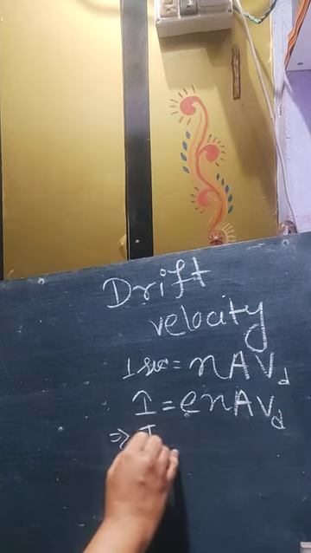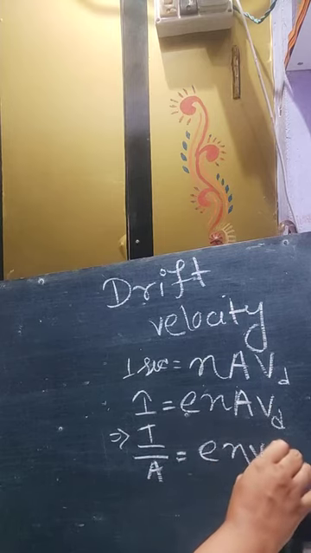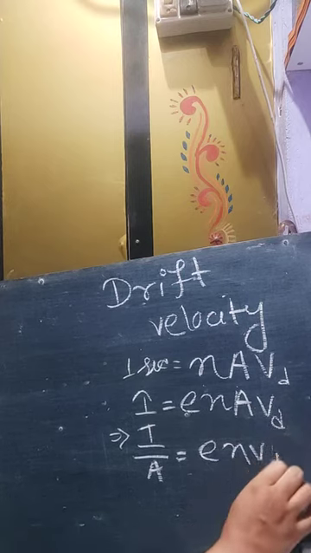Therefore I by A equals N e v_d, and v_d is the drift velocity.